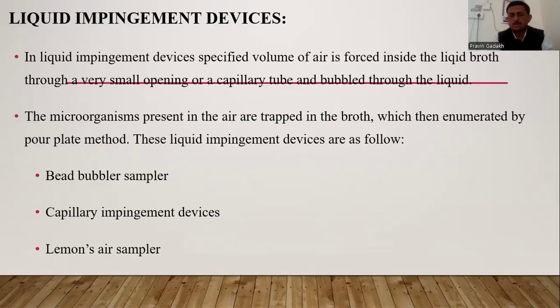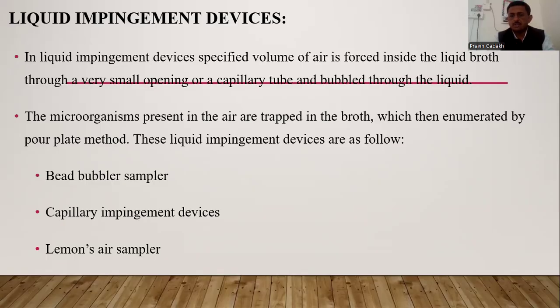So before proceeding further, we have to assemble our sampling assembly, and force the air through a liquid medium which is already sterile, by means of a small opening, capillary or bubbler. The microorganisms present in the air get trapped in the broth, which is then enumerated, or you can say counted, by the pour plate method.